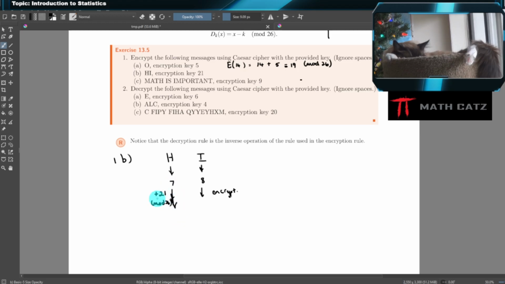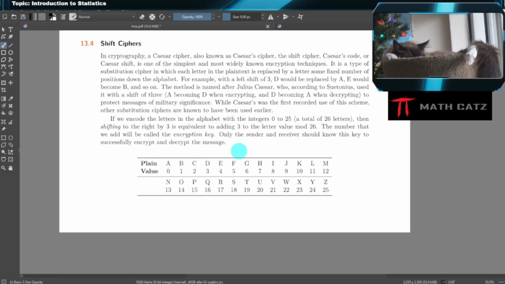And 7 plus 21 is 28, which would be 2 mod 26. 8 plus 21 would be 29, which would be, well, they're right next to each other, so obviously 3 mod 26. And so this would lead us to look up what the 2 is. It's a C. And look up what the 3 is. It is, of course, a D.